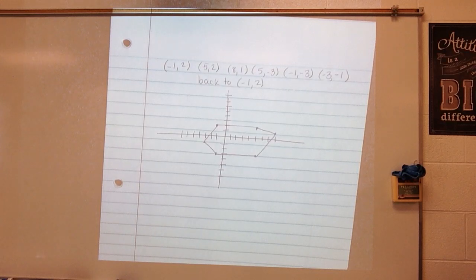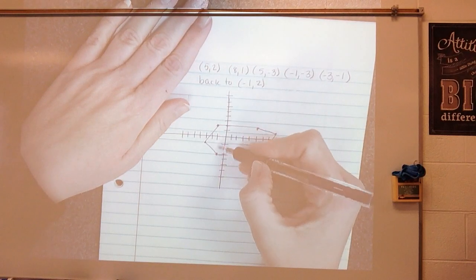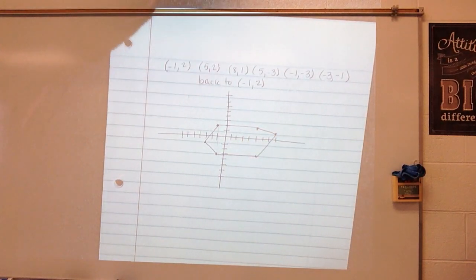Alright, so it can be seen from the sketch that the region enclosed by the polygon can be decomposed into a rectangle and 2 triangles. Okay? If you look at this, let me get a colored pencil here.